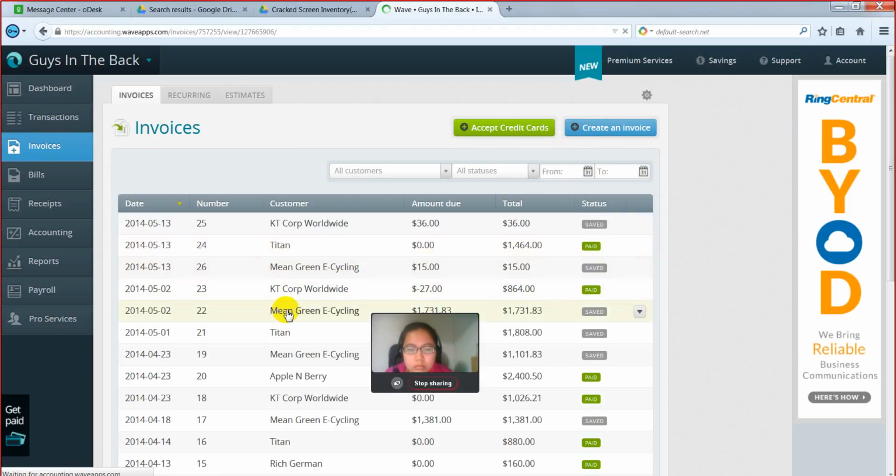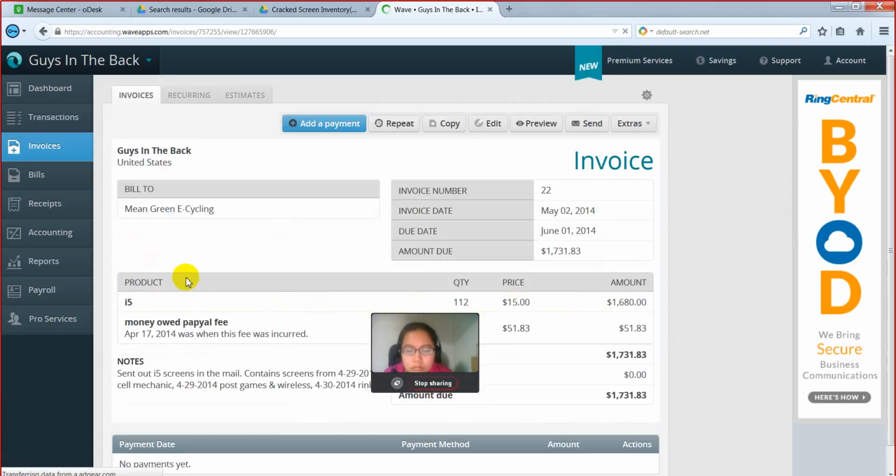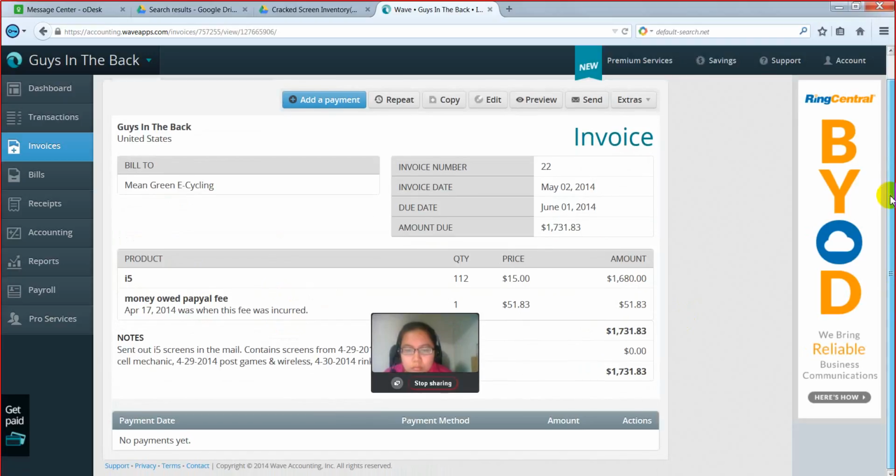So for instance, this is invoice number 22, and you can see that we sold 112 i5 screens.